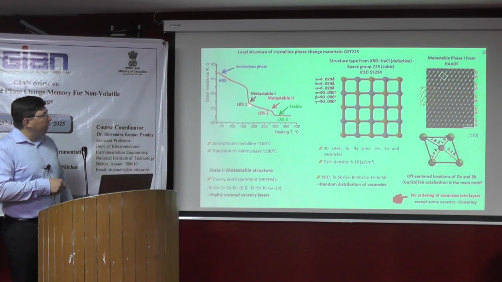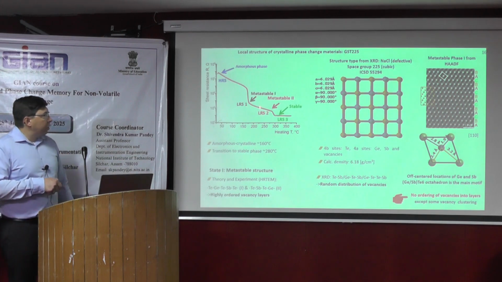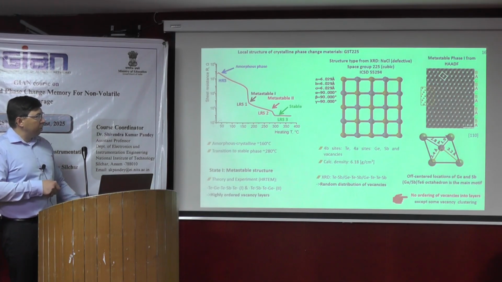We found that this crystal structure of this phase is important in phase change electronic and optical memory. So most probably this is the phase with low resistance, the so-called metastable phase. But let us look, can we produce such phases here?